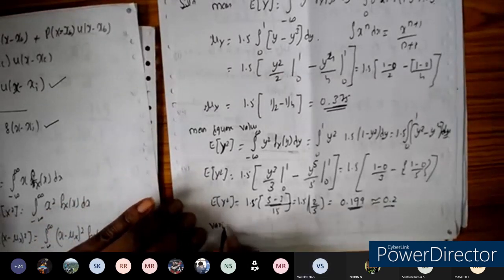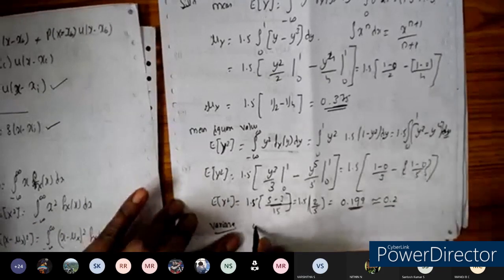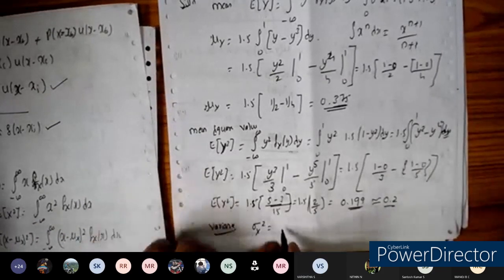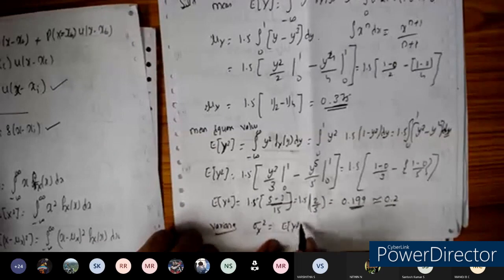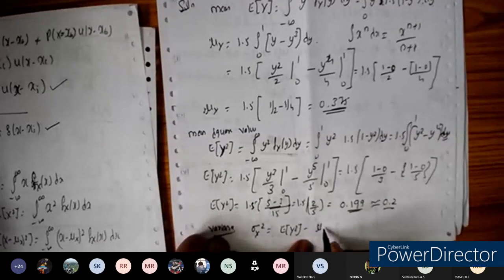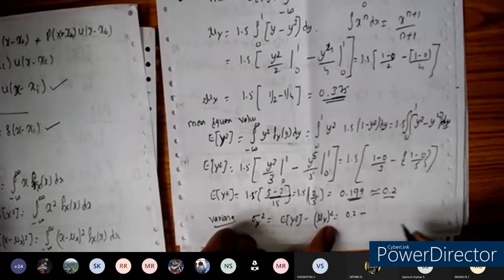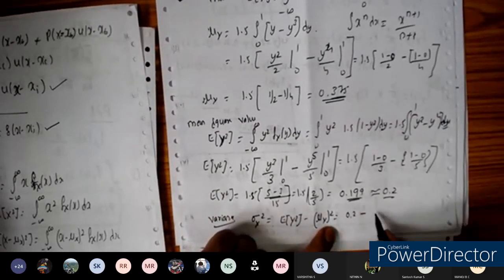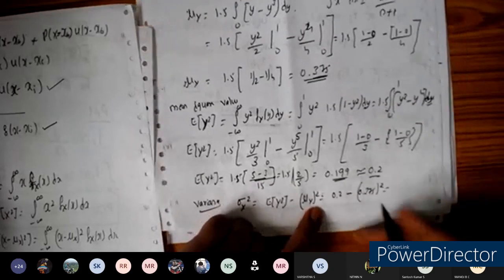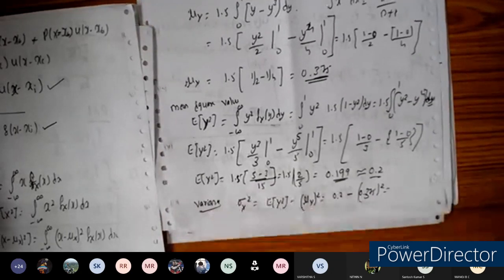So we can find the variance. Variance sigma y squared is the mean square value, that is the expected value of y squared, minus the square of the mean value. So it is 0.2 minus 0.375 the whole squared. What will be the answer?